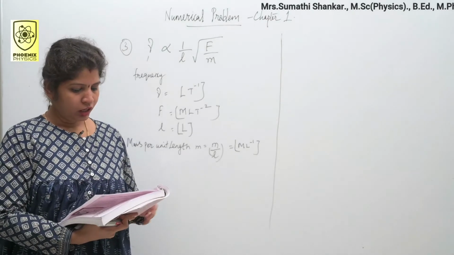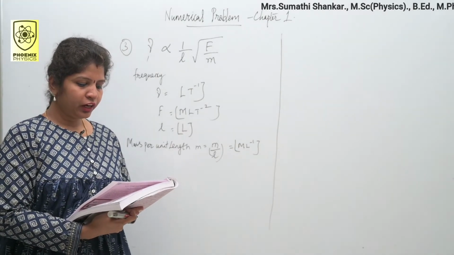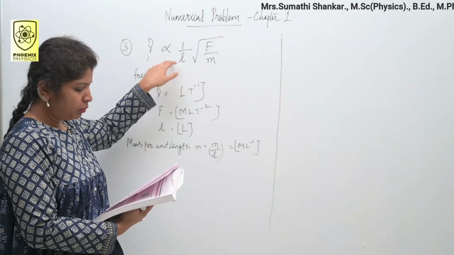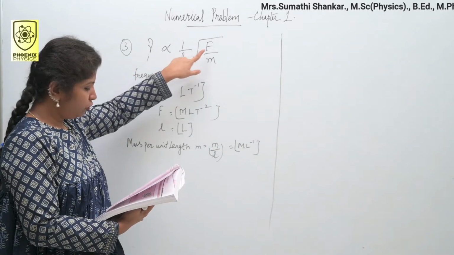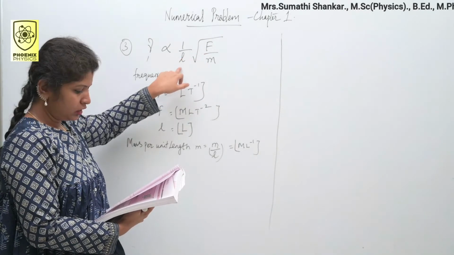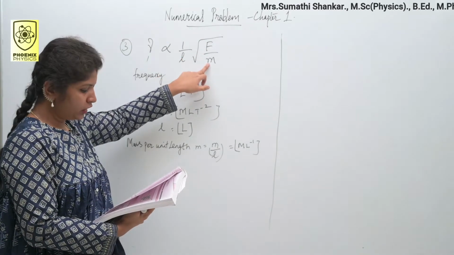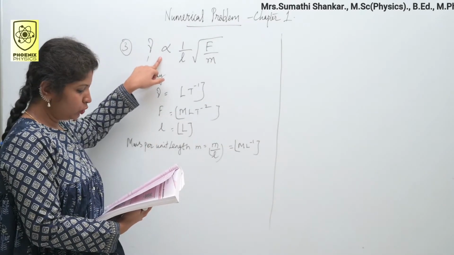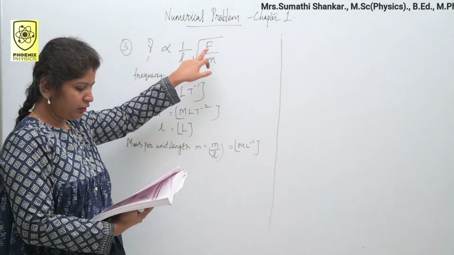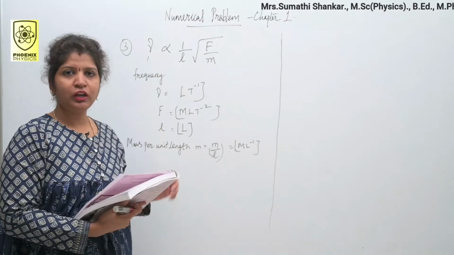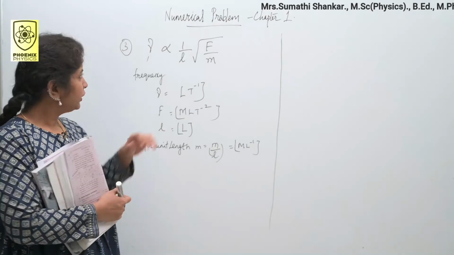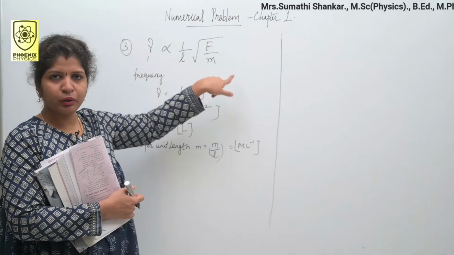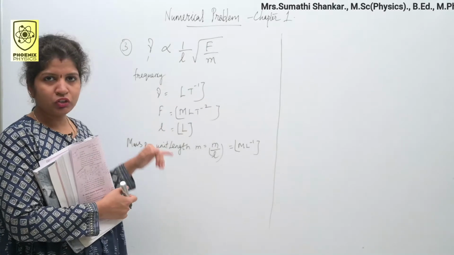Question number 3. Assuming the frequency nu of a vibrating string may depend upon applied force, length, then mass per unit length, prove that nu is proportional to 1 by L root of F by M using dimensional analysis. Here take this formula, that is nu is proportional to 1 by L root of F by M. Substitute the dimensional formula.